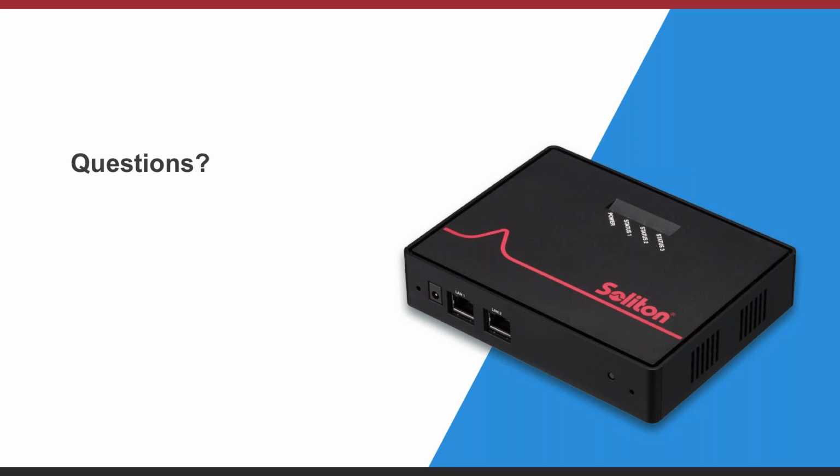We have a question coming in. What happens if the power fails? So the LAP One is not, let's say, a 100% guaranteed solution that you will be able to keep everything off the network. If the power fails for the LAP One, then of course the jamming function ceases to work.